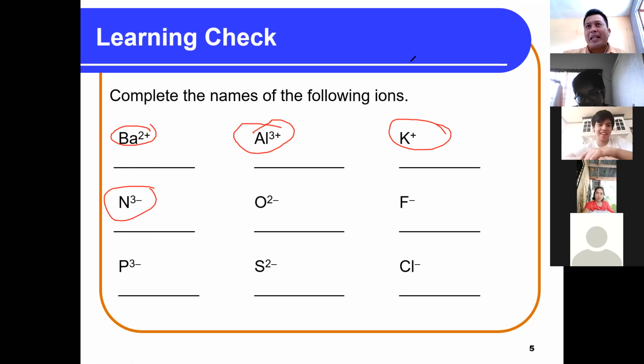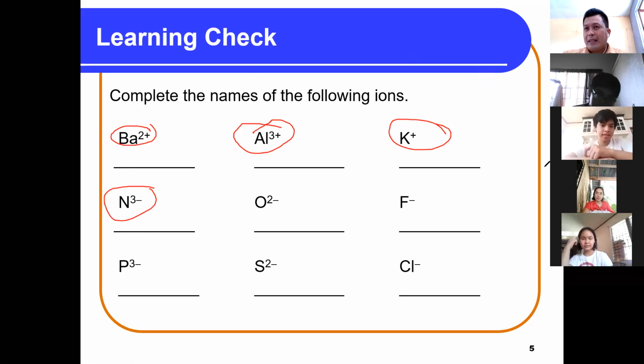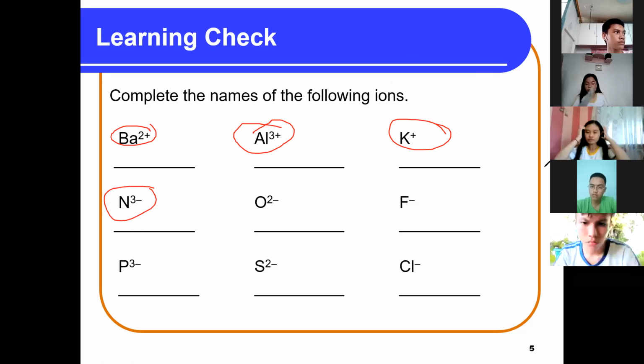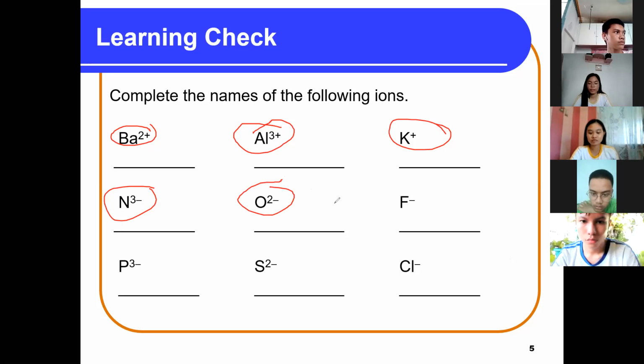But what about N3 minus? Let me get back to you on that. Catherine, what is the name for O2 minus? Oxide, sir. What about F minus?